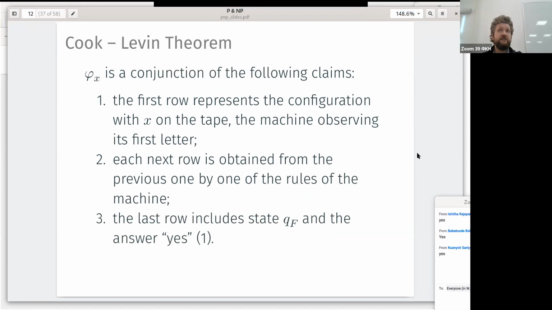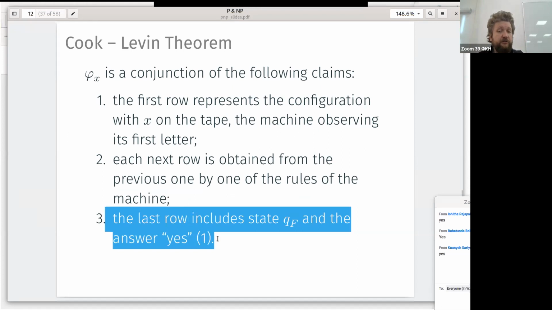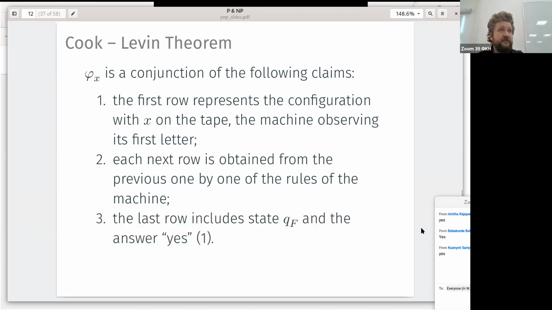We say that the first bit should be 0, the second bit should be 1, etc. So it's just a concrete configuration. We just express it as just one formula. The third one says that the last row should be in state QF and include the answer yes. So again, this is a concrete constraint on the last row. It just should say that this is 0, this is 1, 1, 0, 0, etc.